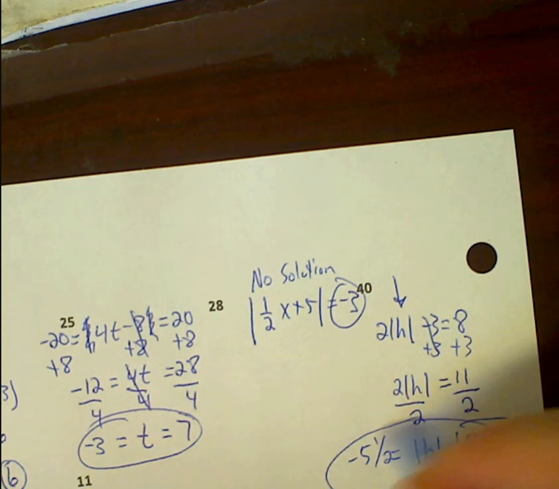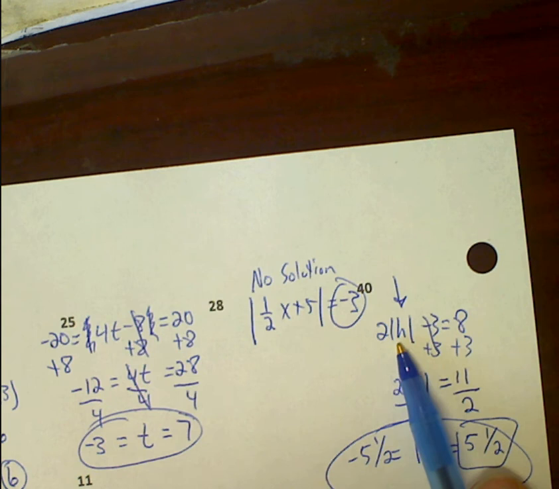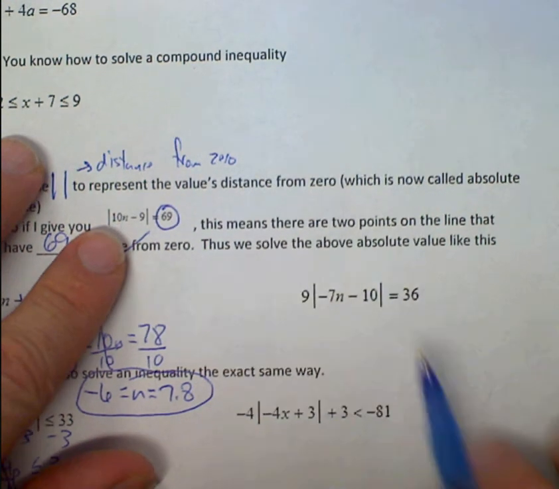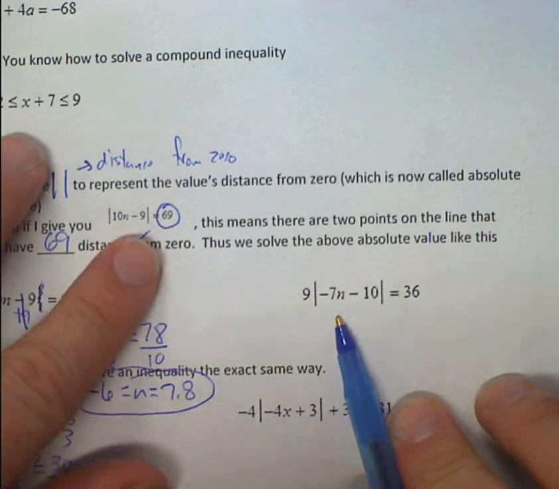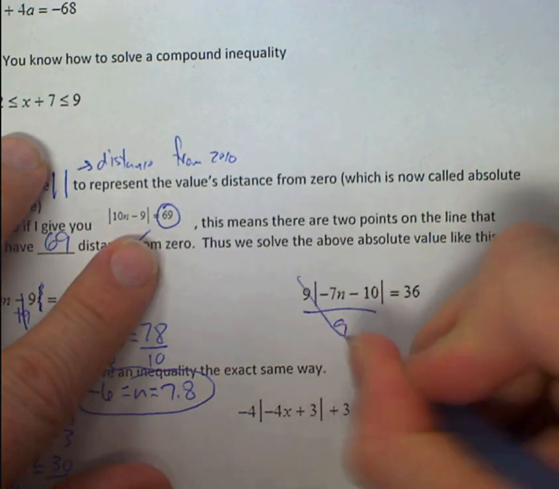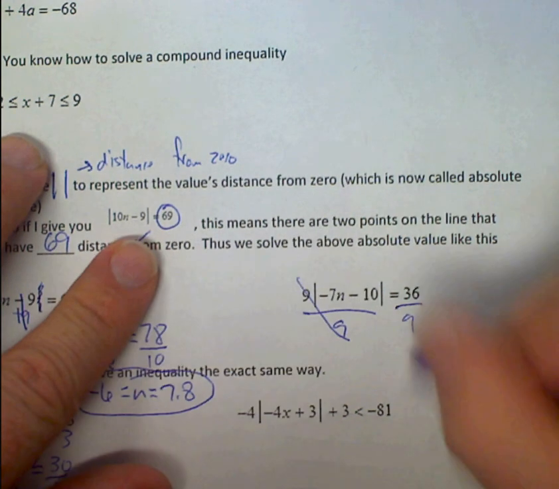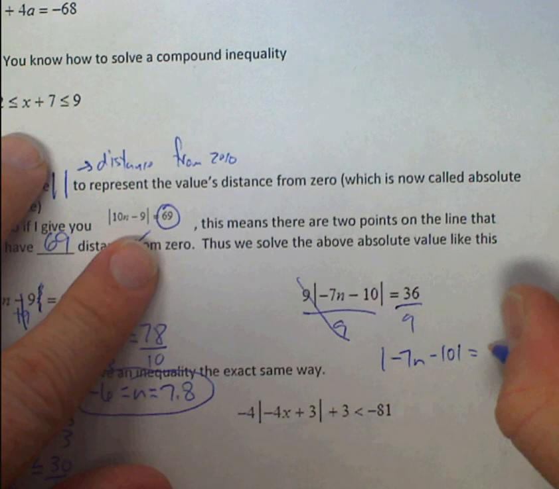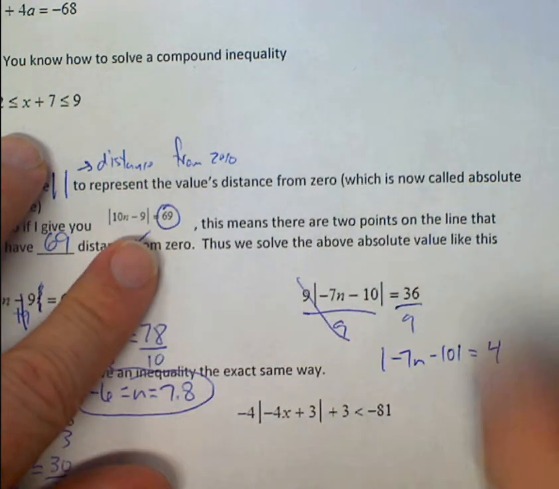That is my answer. If I have anything on the outside of my absolute value, I must get rid of it first. Some of my other classes didn't have time with this example on the front. I had to get rid of the 9 first. So that would be absolute value negative 7n minus 10 equals 4. Now I would take negative 4.